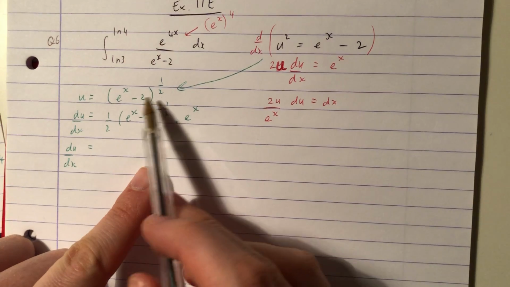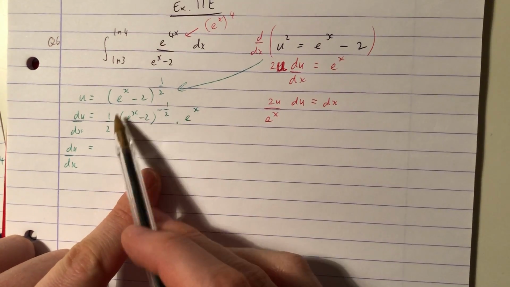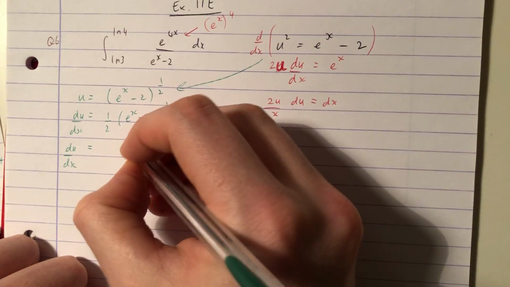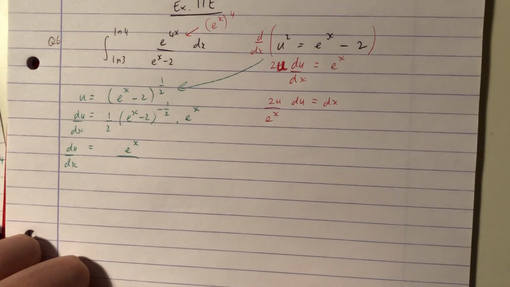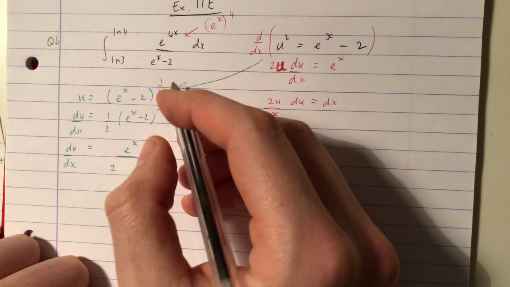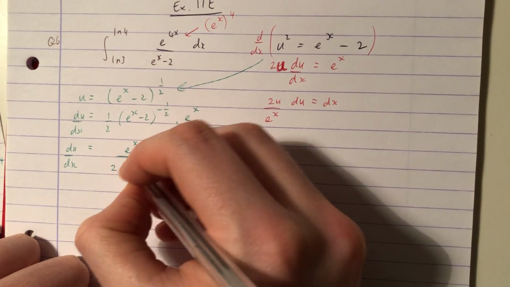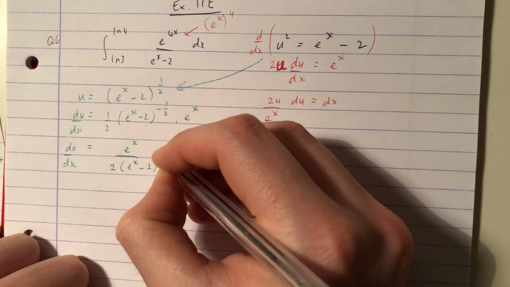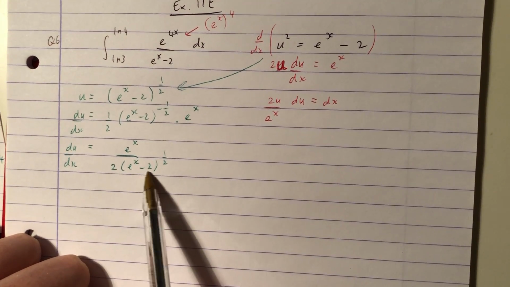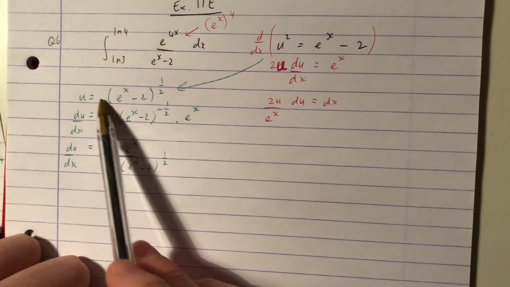Remember they prefer square roots for this, but I'm going to leave it as to the power of a half because it is easier to compare to the half there. Remember, e to the x minus 2 to the half is the same as u.